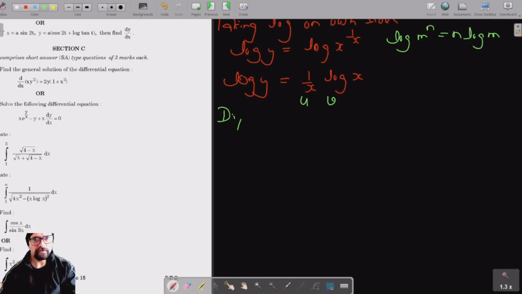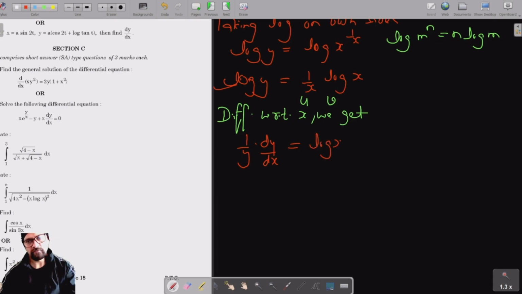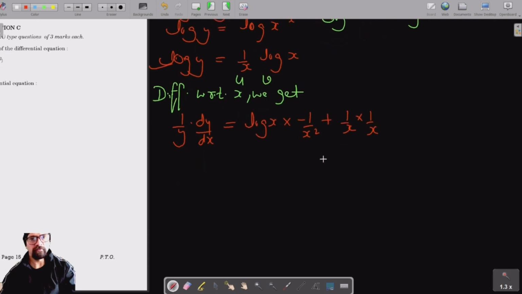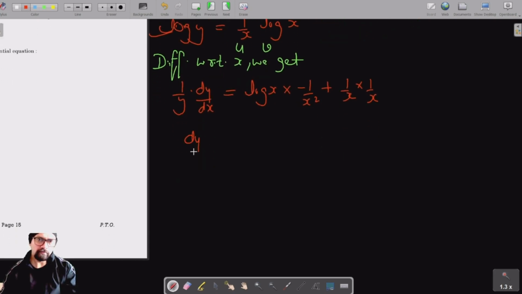Let's differentiate this with respect to x to get the first order derivative. So log y differentiation is 1 by y into dy by dx. And for the product rule, we take the second function into differentiation of first, which is minus 1 by x square, plus first function into differentiation of second, which is 1 by x.